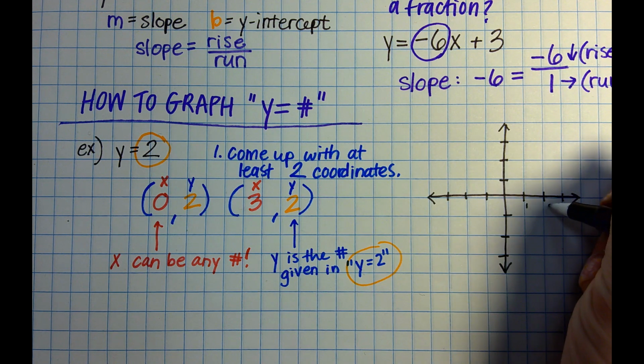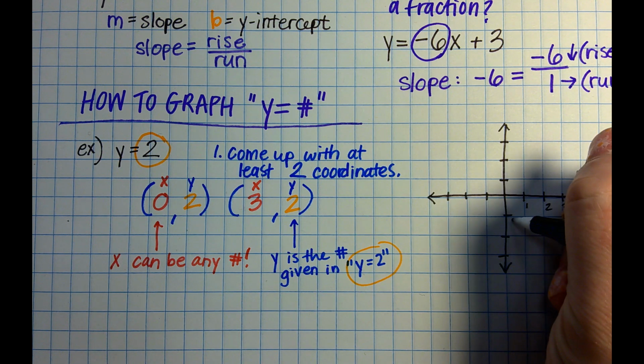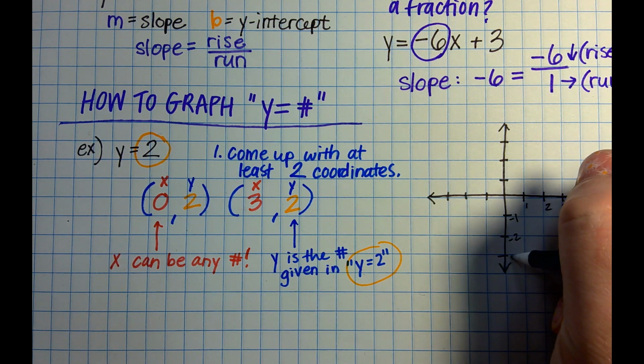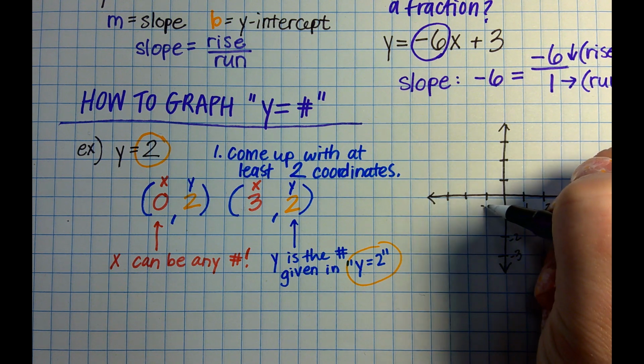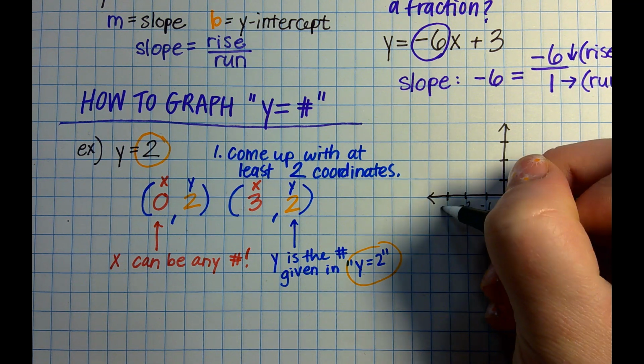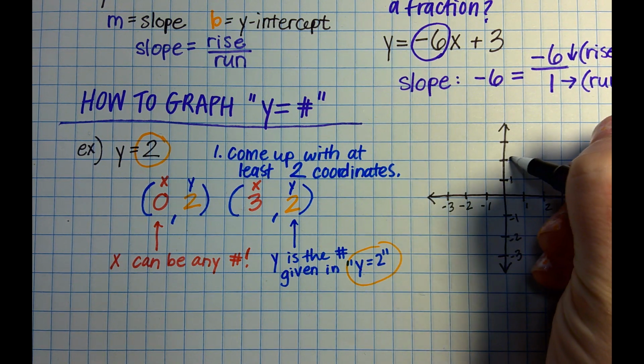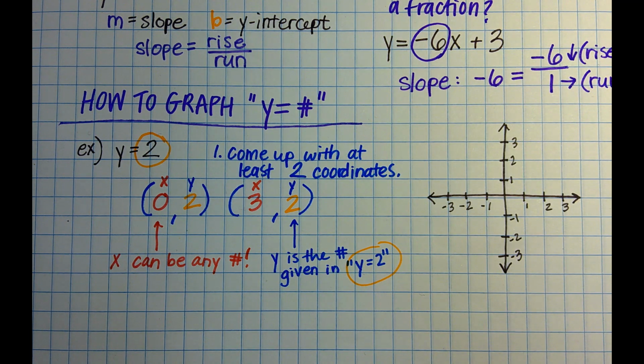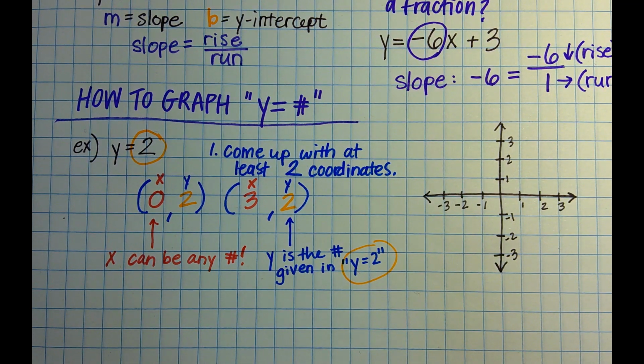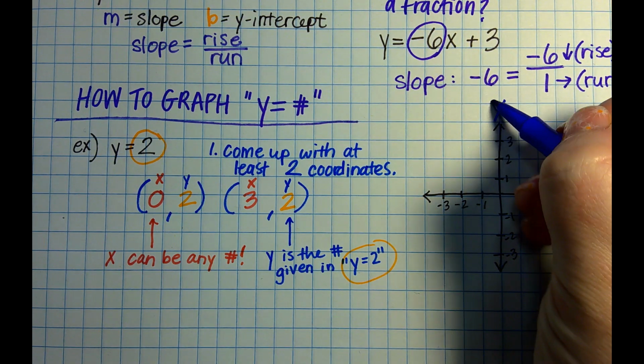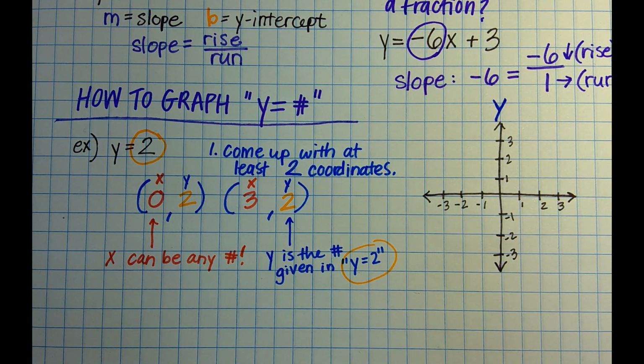Got 1, 2, 3, -1, -2, -3, -1, -2, -3, 1, 2, 3. I've got my y-axis going up and down, and my x going left to right.